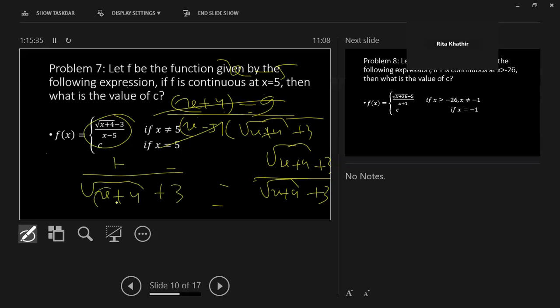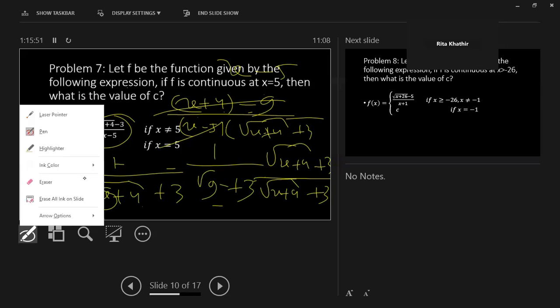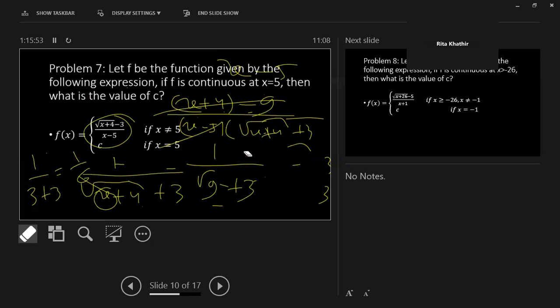And if you put x as 5, then 5 plus 4 is 9. The square root of 9 plus 3, 3 plus 3, then you have 1 over 6. So c is 1 over 6.